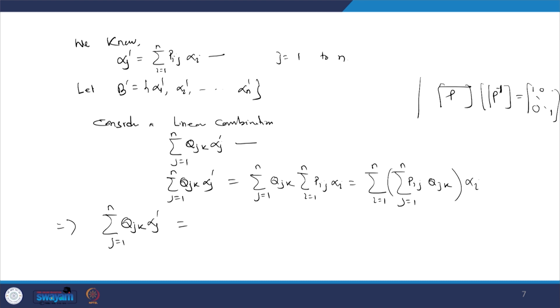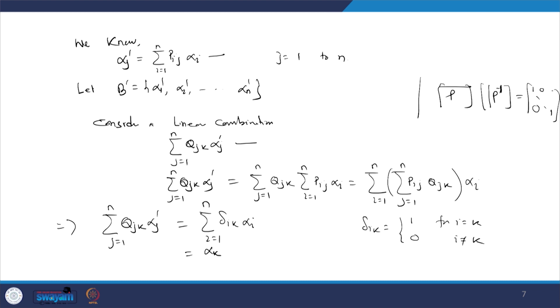So, this implies that this is equal to simply sigma i equal to 1 to n delta i k alpha i. Delta i k means equal to 1 for i equal to k, 0 for i not equal to k. So, this is going to give me simply alpha k.